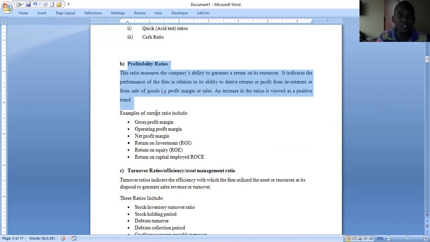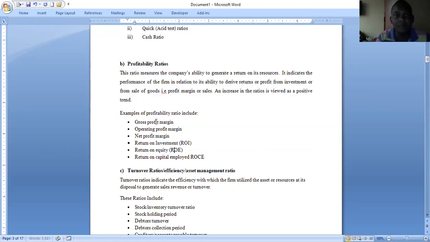Examples of profitability ratios: we have the gross profit margin, the operating profit margin, the net profit margin, the return on investment, the return on equity, and return on capital employed. We shall look at all these ratios in detail later in this video.